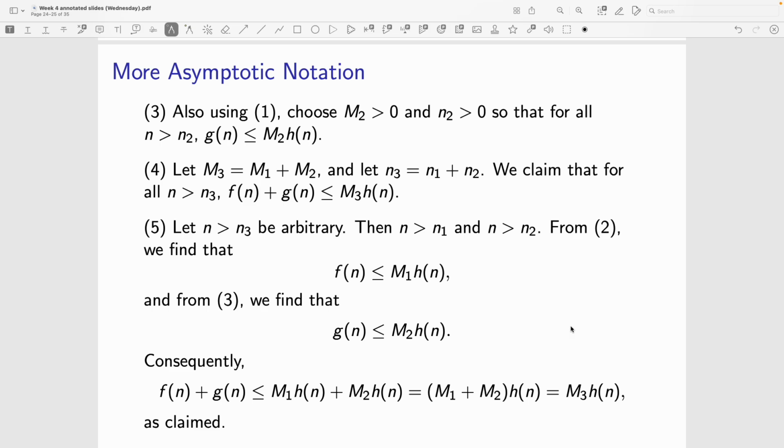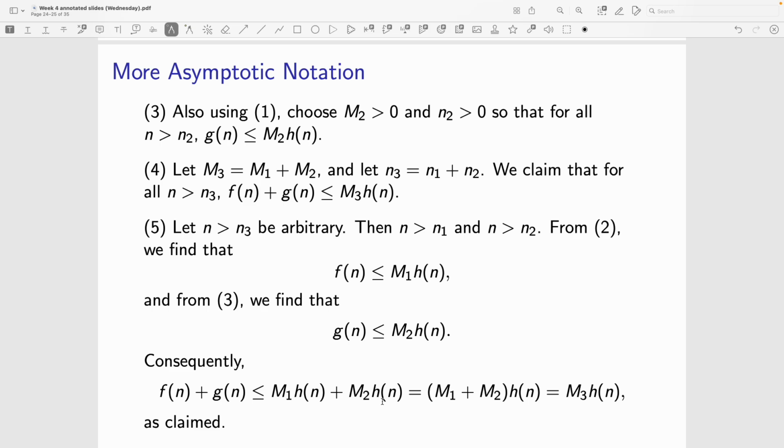It's a lot of algebra. The moral of this story is that we just let m3 be m1 plus m2 and n3 be n1 plus n2. And then it sort of just works by the distributive property. m1 plus m2 times h of n is equal to m1 times h of n plus m2 times h of n.